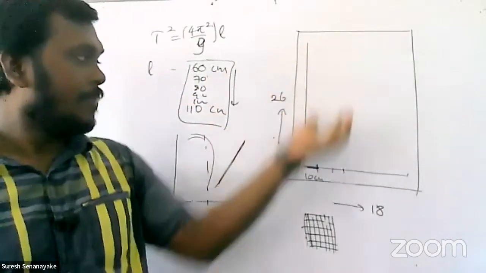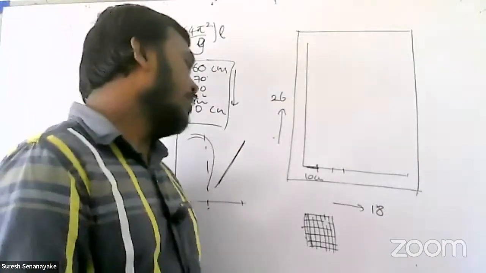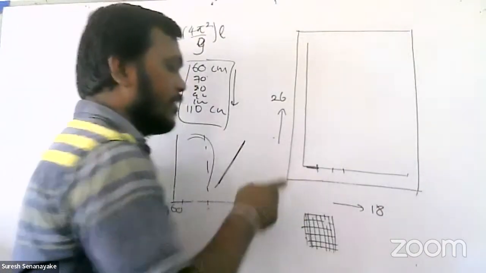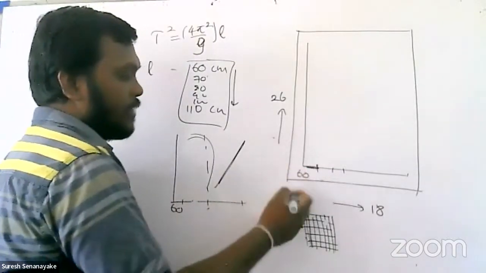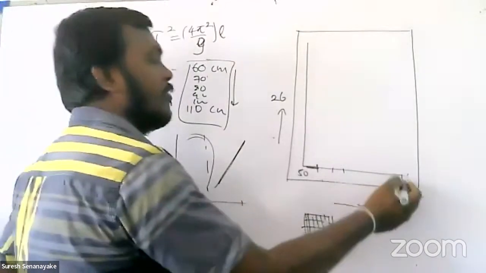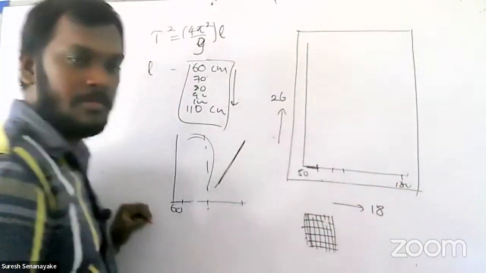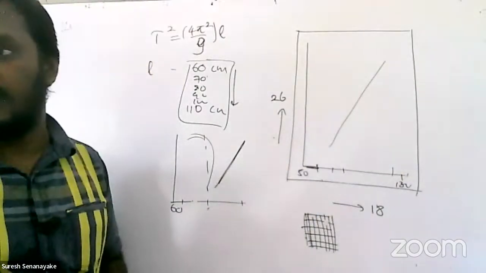So the graph paper is empty in the beginning, right? Then it is better to select the scale so this distance starts from 60 or 50, and this ends with 130 like this. Then your graph will be at the middle of the graph paper.